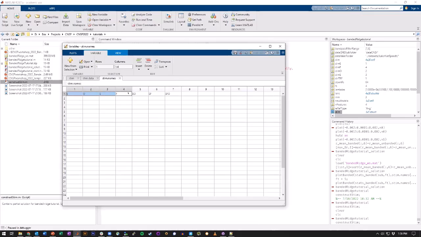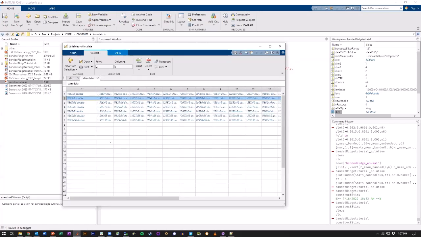I've changed the names to just a first letter for ease. You don't have to do that. But this is what stem.data now looks like. Same time dimension and 2 features, where one is this one and one is that one. This one is this concatenated with that, and then this is these 3 concatenated together.